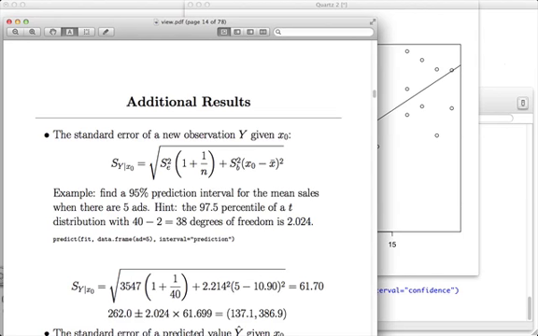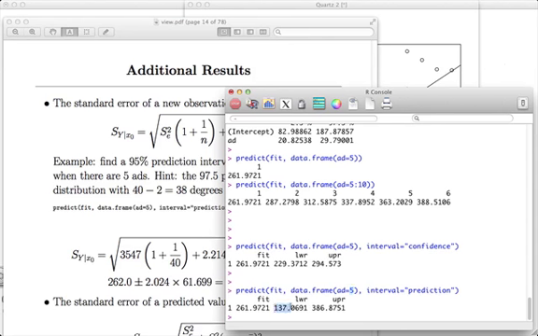And here's the result. This is going to give us a 95% prediction interval. The interpretation is this: I expect sales of 261 when I have 5 ads. However, there's a distribution around this. 95% of the time when I put 5 ads on the air, my sales are going to be between 137 and 287.